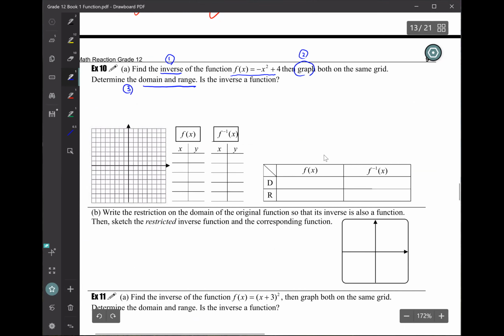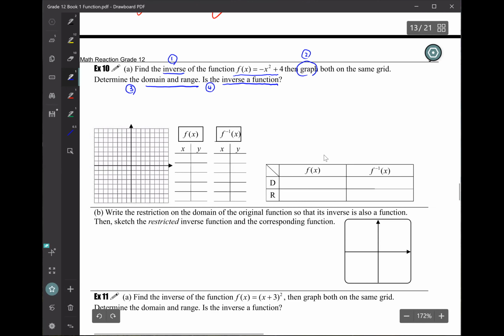So 3 targets. And then one more thing, number 4, we need to check if the inverse is a function or not. So this is the new thing for this question. Please try to get the inverse function by yourself now. And when you finish, please raise up your hand, okay?